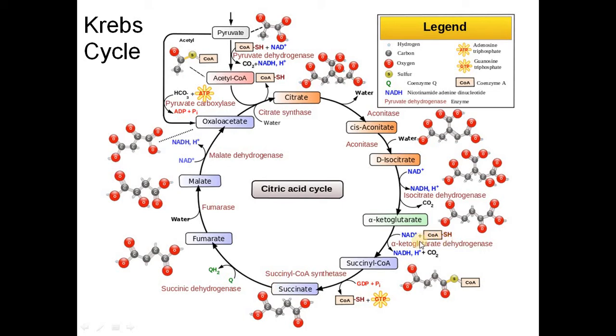The key points are right here. This is where carbon dioxide is being expelled. And then you can see all these places where we are adding that reducing power here, here, here, and right here at the beginning.